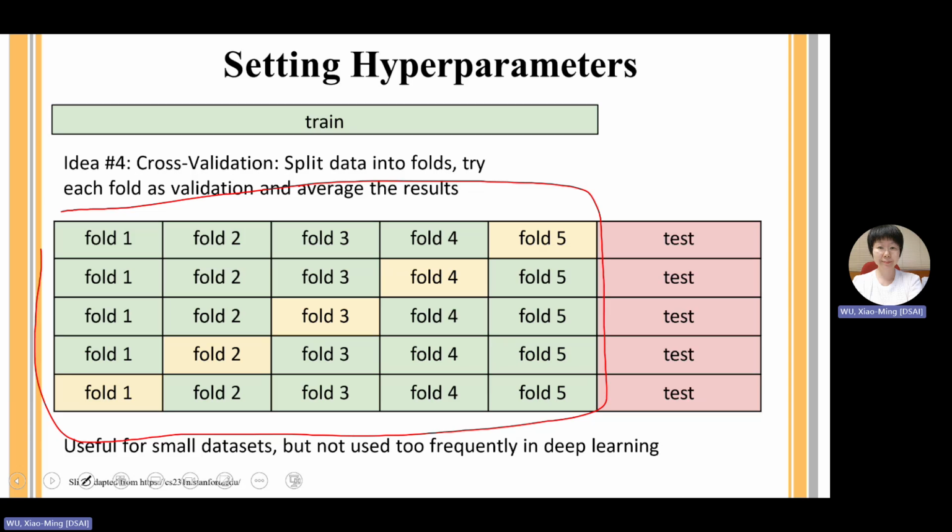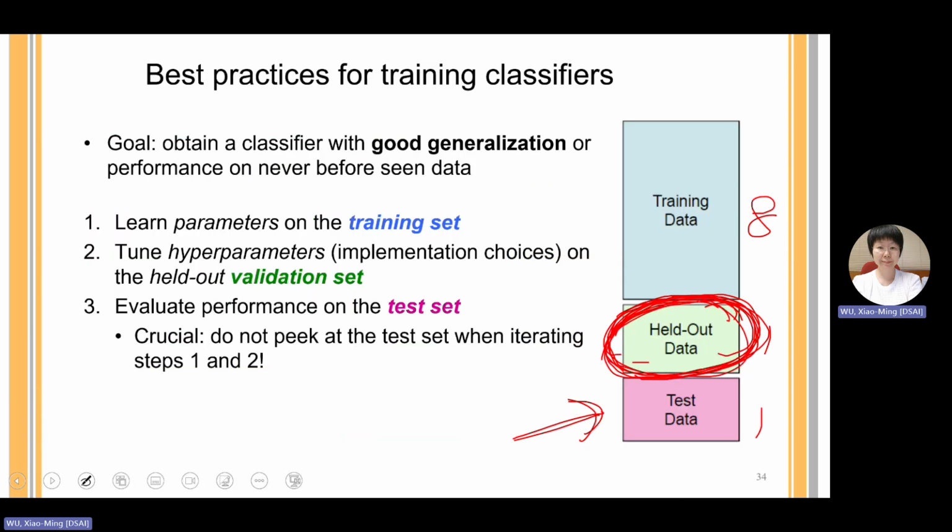And more importantly, in this practice, our training and validation depend on a random split of training and validation.